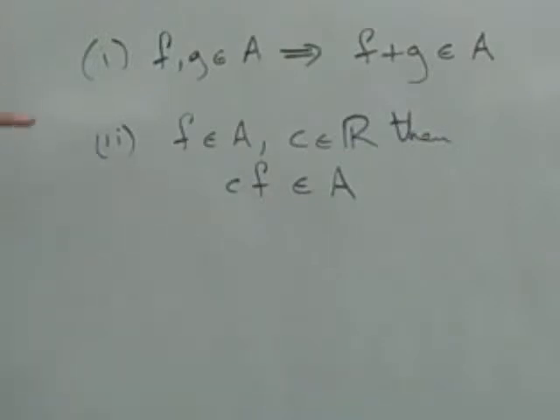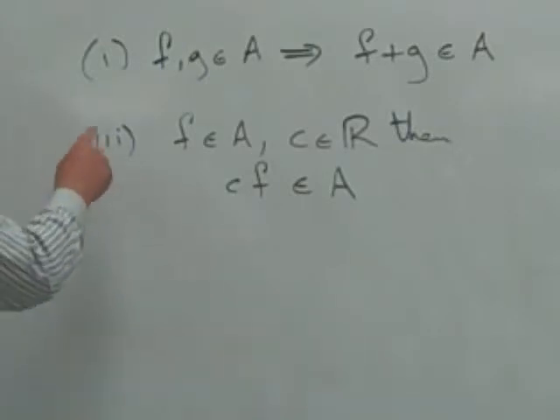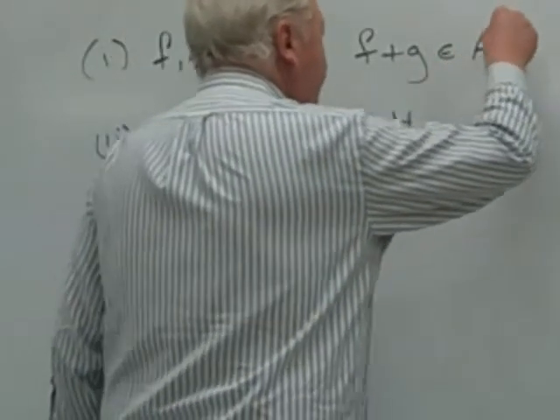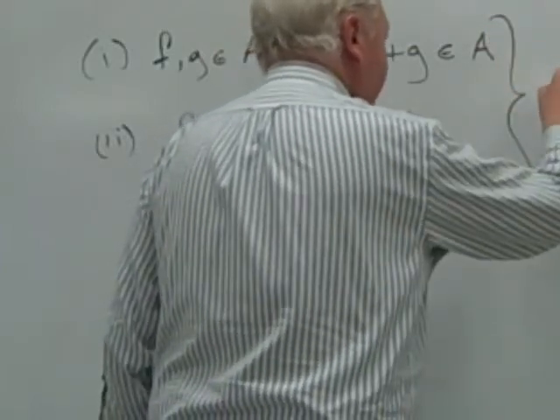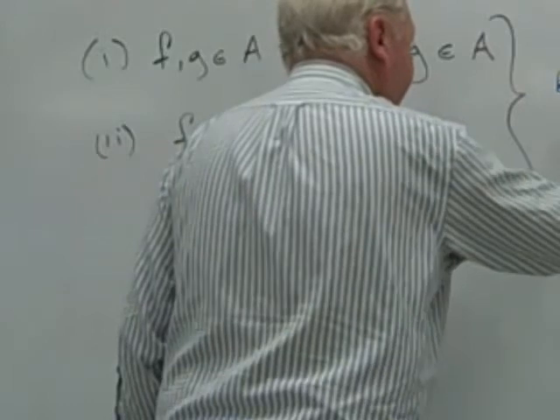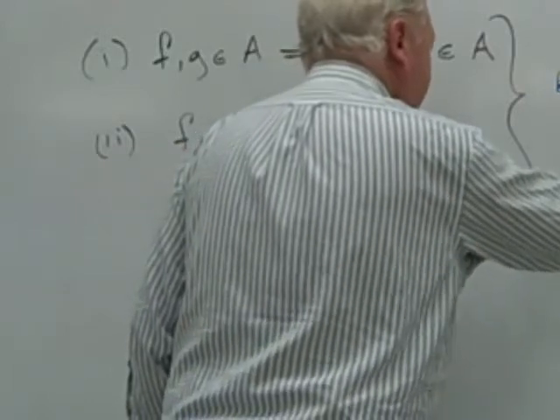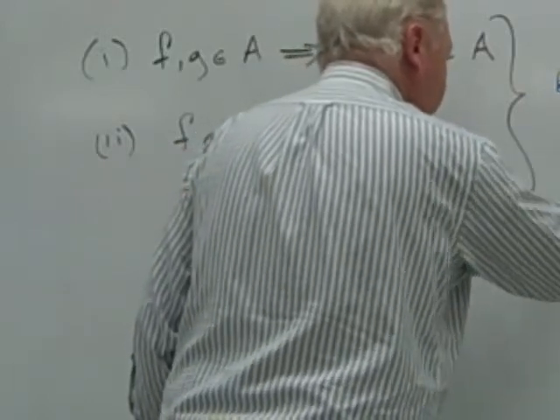No, these are real valued functions. Okay. And so take a function, say double it. So these two together, I haven't quite finished, but these two together, in the language of linear algebra, says that A is a subspace of the continuous functions on X.